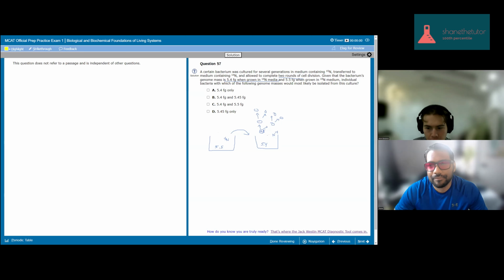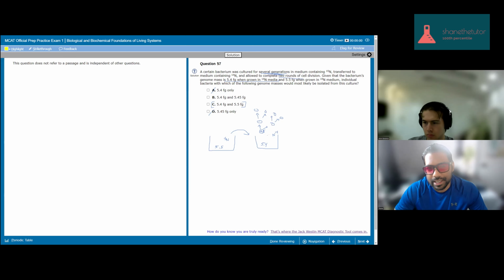Yeah, okay. So since we know it must be a mix, I would eliminate A and D. And then C looks very good to me, but we know that when it was in the N15 culture, it was for several generations.